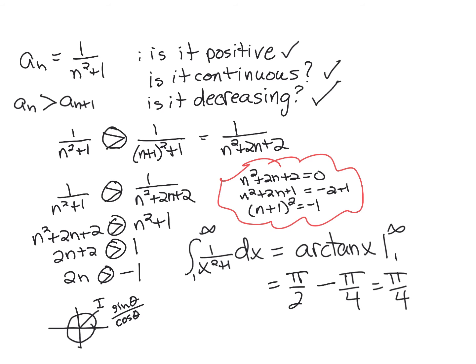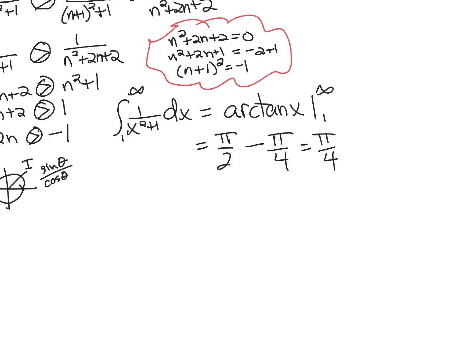We get a number, pi over 4. That is not the sum, it is just a constant. We showed that the integral converged to a value.